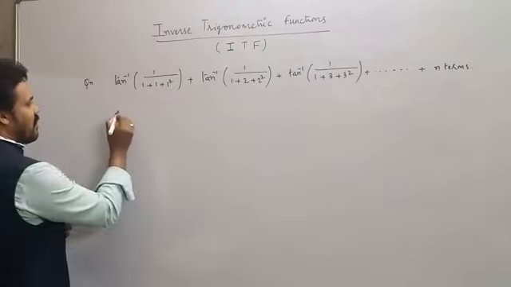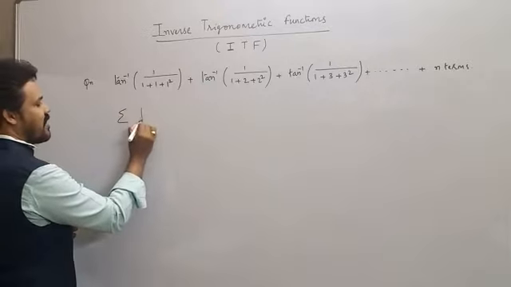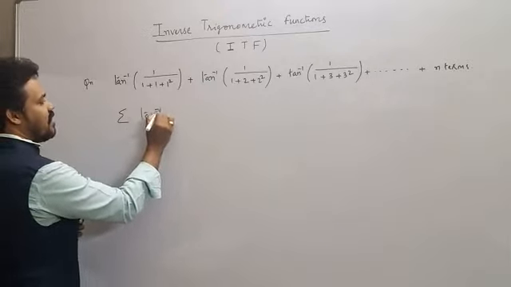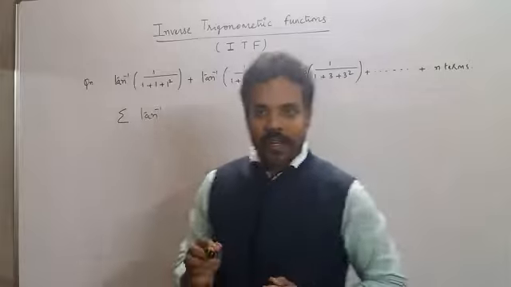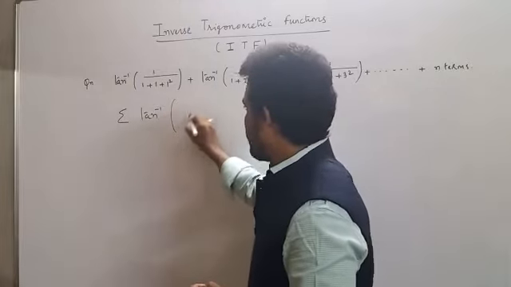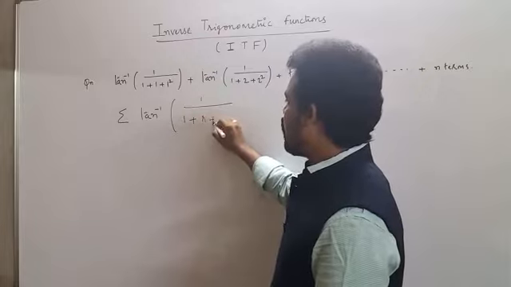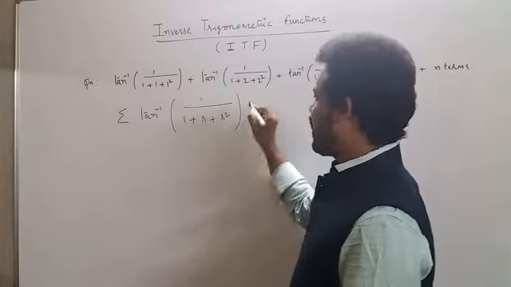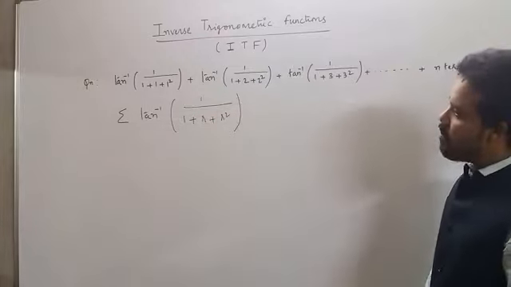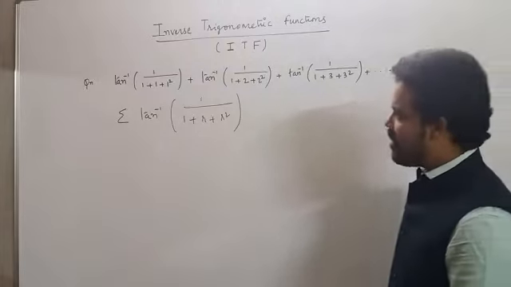That means I will write this as sigma of tan inverse 1 by 1 plus r square. The total summation I have written in the general term.